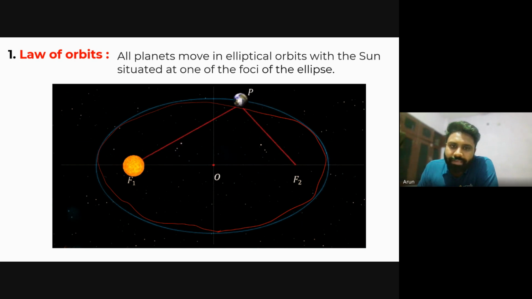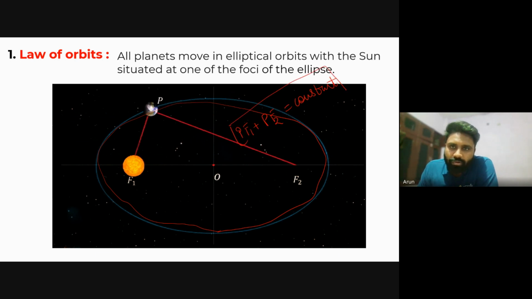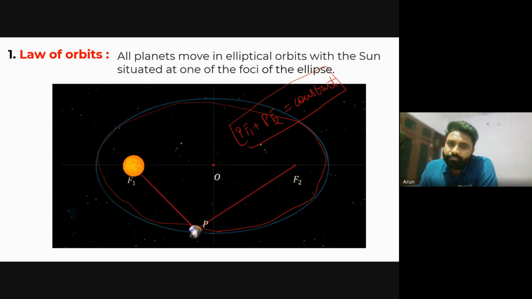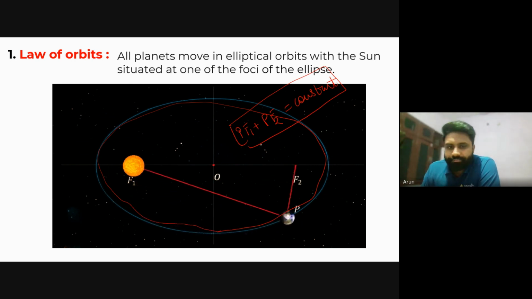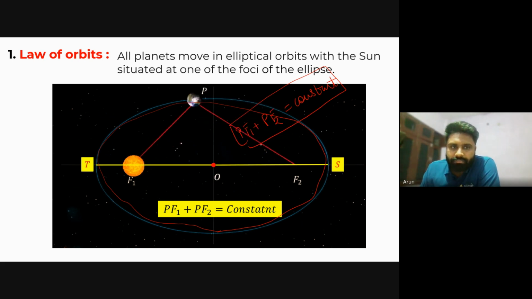The sum of the distances PF1 plus PF2 always comes out to be a constant. Okay? So this would always be a constant. This is the property of an ellipse. Okay? Got it?